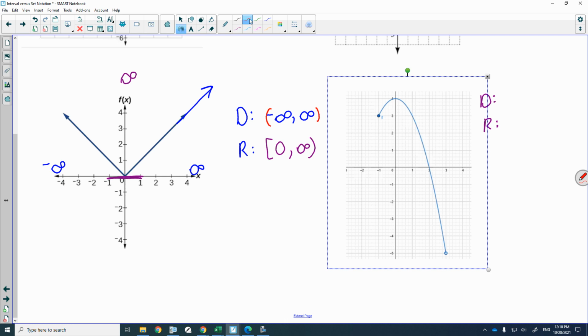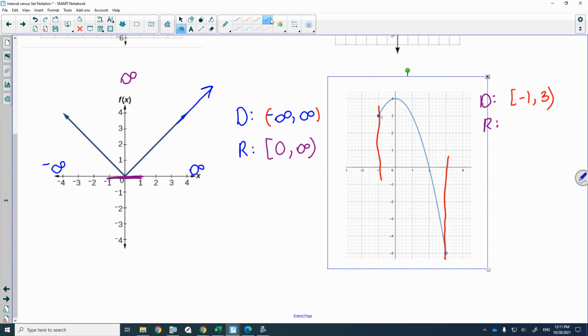Raise your hand if you want to read me the domain. Who's got the domain done? Okay, Ainsley, what would you say for the domain? Yeah, square bracket -1, comma 3, and that guy gets a rounded bracket. Anybody have the range done?